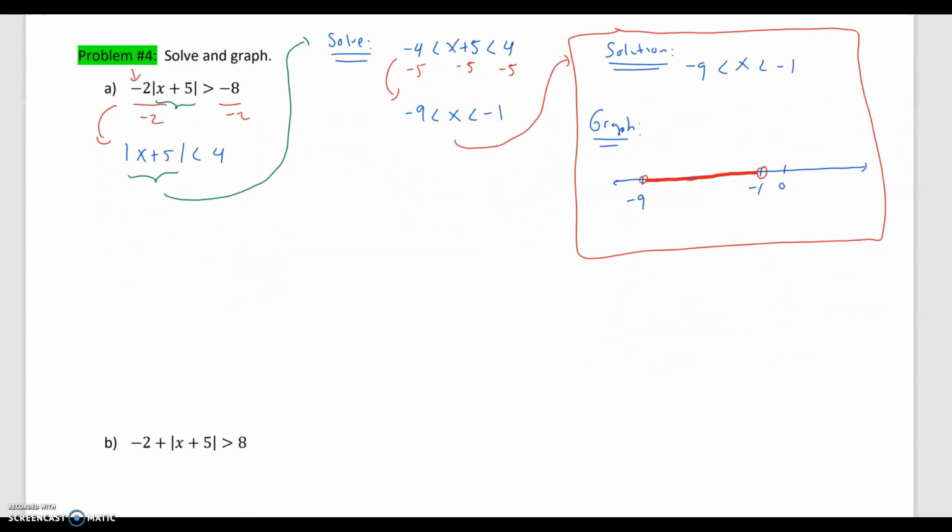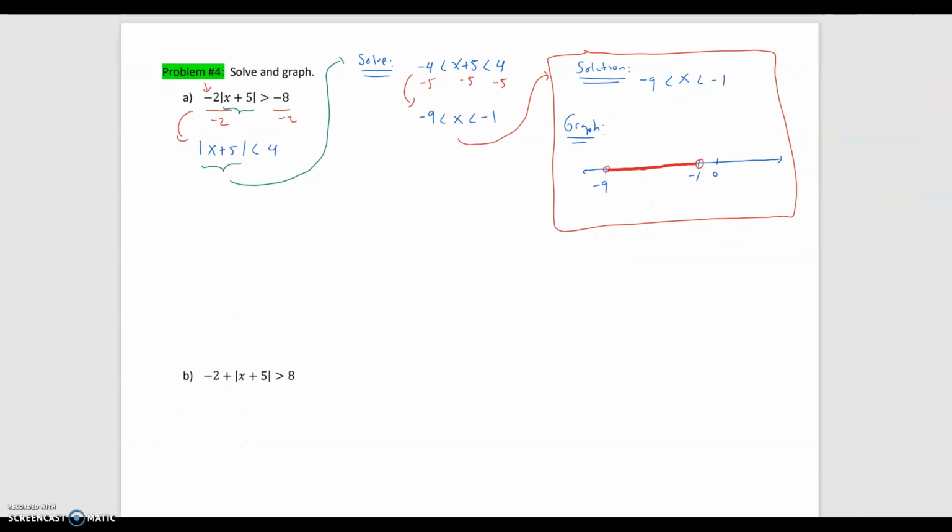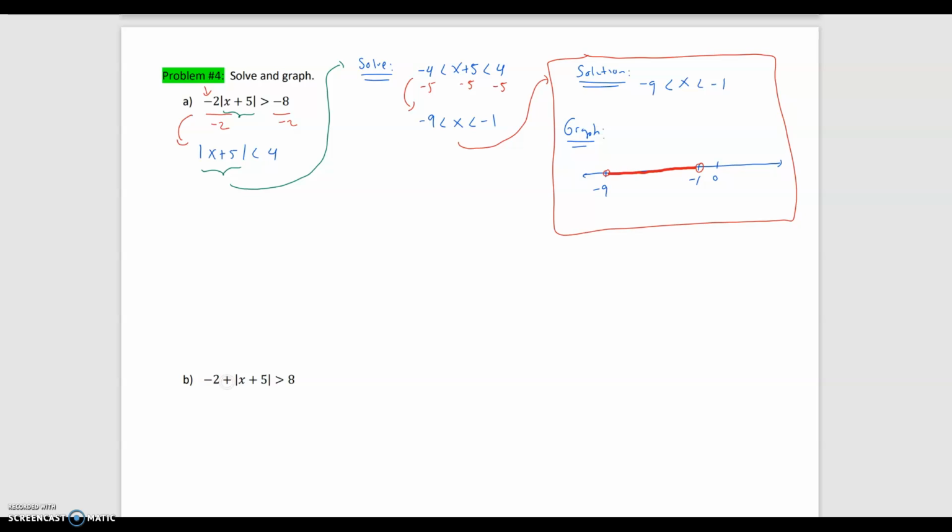Let's actually move on to B. Once more, B is not in the proper format because you're basically subtracting 2 from the absolute value. So what I'm going to do here is simply add the 2. And this modifies the inequality to absolute value of x plus 5 is greater than 10.